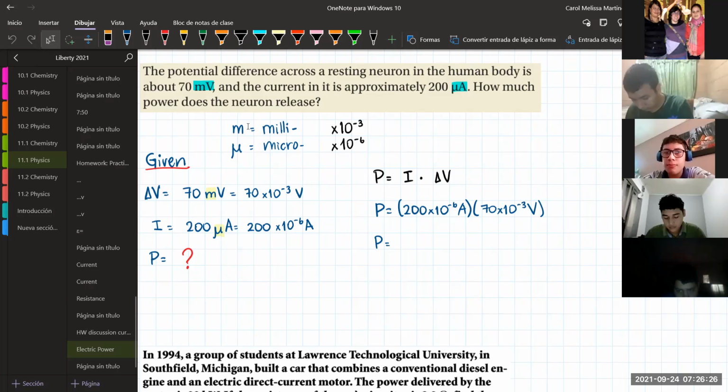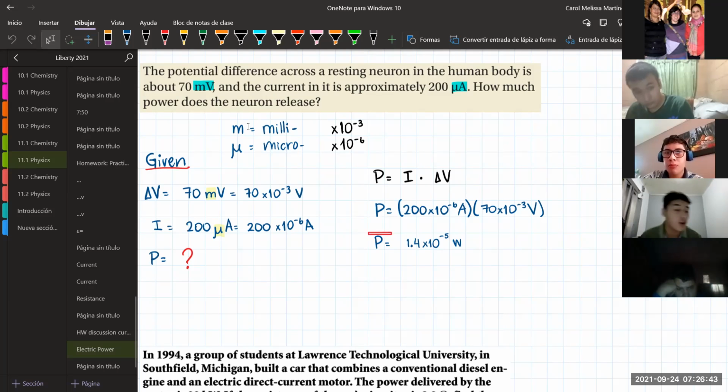I got 1.4 times 10 to a negative fifth power. Power is measured in watts. This will be the answer.